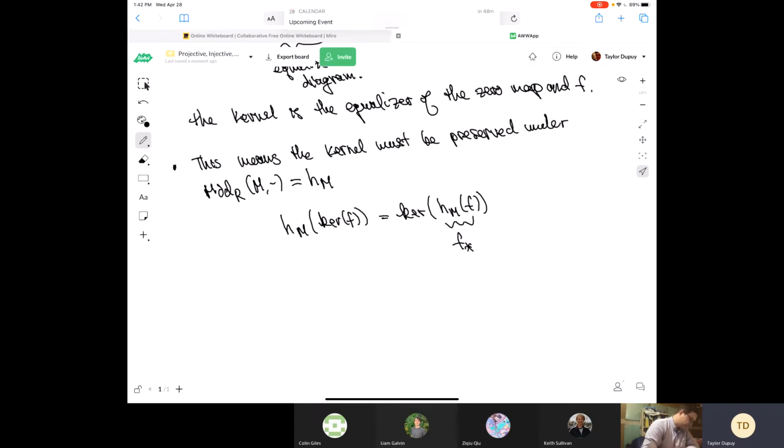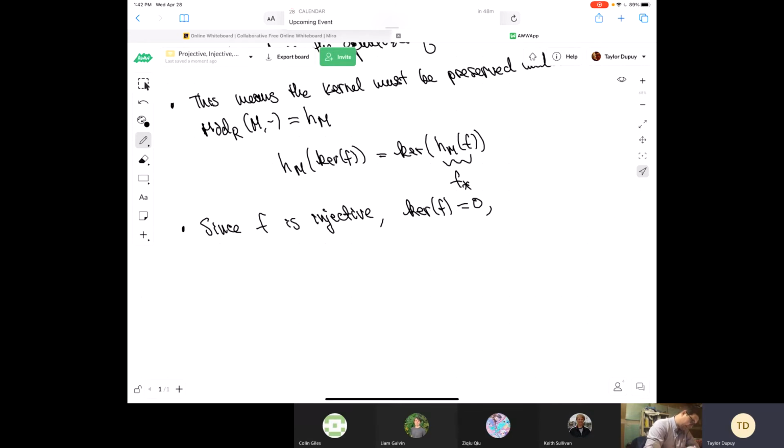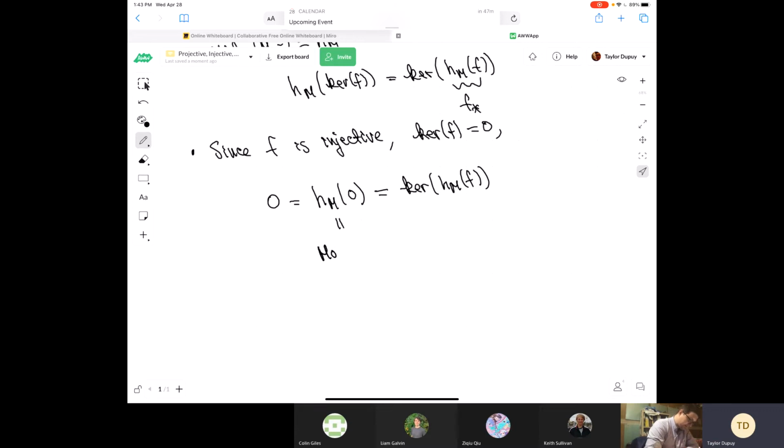In particular, since F is injective, the kernel of F is 0. And so we have the kernel of HM of F, and this thing is 0. So this is the 0 module.